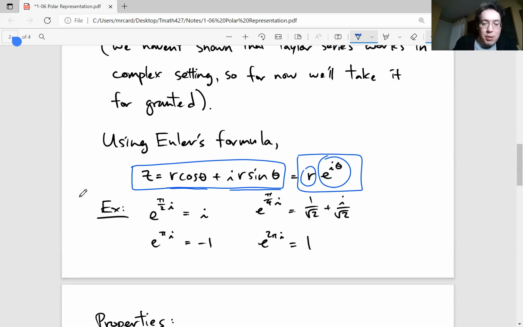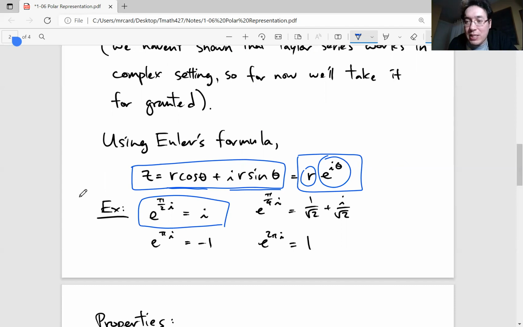Okay, just a couple examples. All these examples have modulus 1, so r is just 1. It's not being written here. If the argument is pi over 2, that's 1 unit going in the 90 degrees up direction.